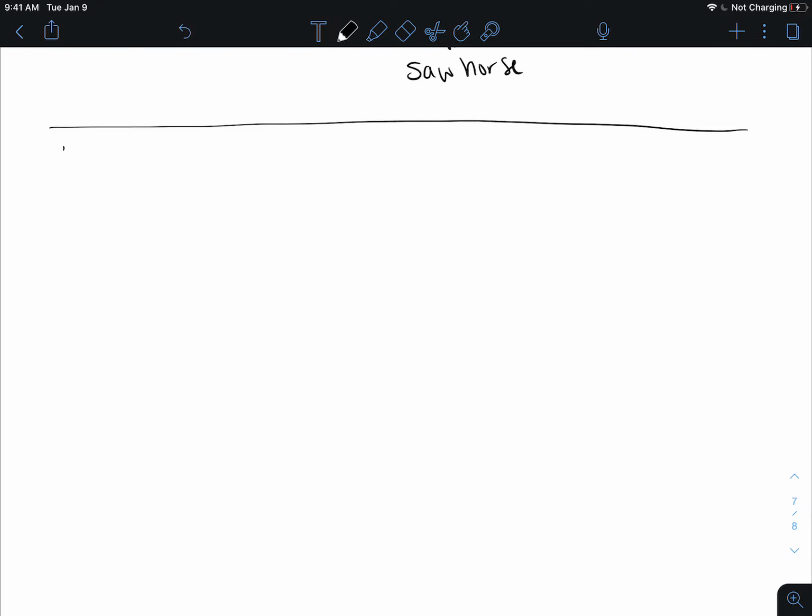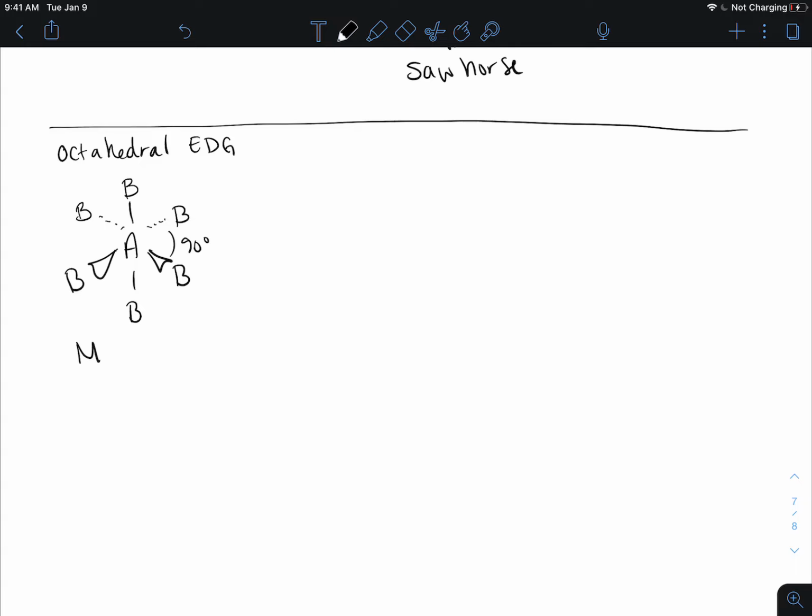Next one is our octahedral electron domain geometry. So we've got a regular one, and this one with our 90-degree bond angles, and our molecular geometry that is also octahedral. And then we start replacing.